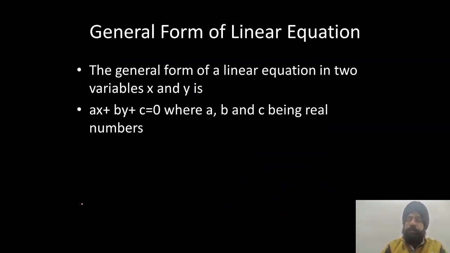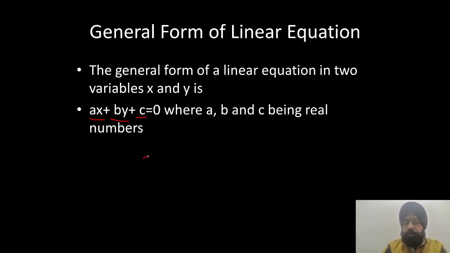Next, now before going to start anything, we should know about the general form of the linear equation. General form means in this chapter we always refer first to ax, where x is the variable and a is the constant, plus by, where y is the variable and b is any constant, and the last is c, any numeric value.